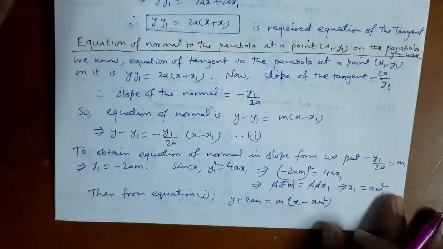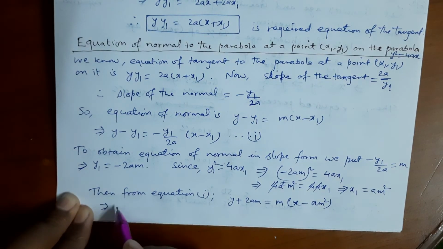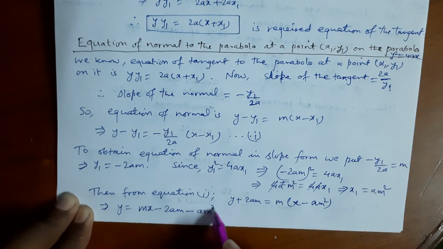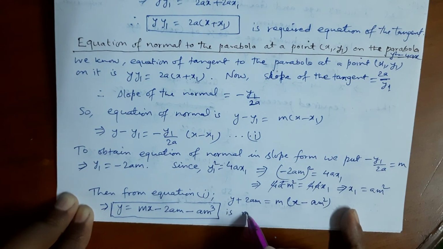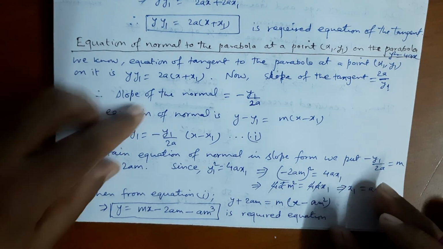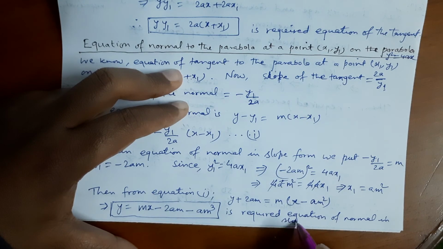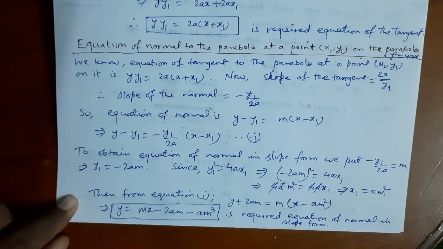And now this implies y equals mx, minus 2am, minus a m cube. So y equals mx minus 2am minus am cube is the required equation of the normal in slope form.